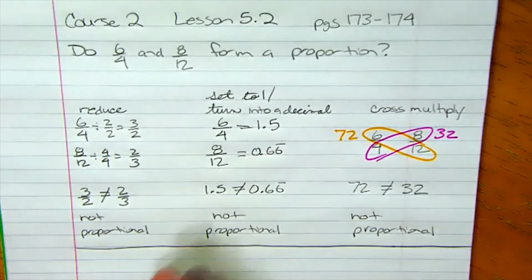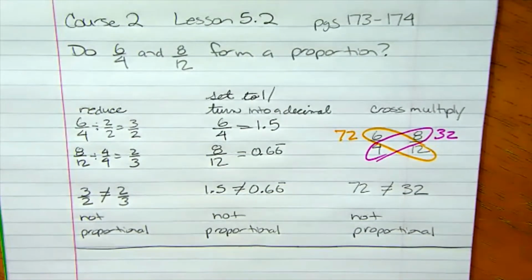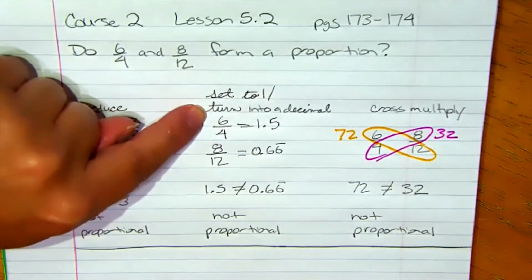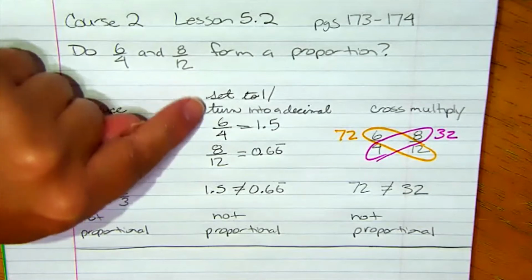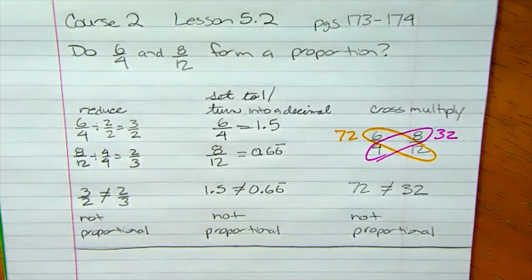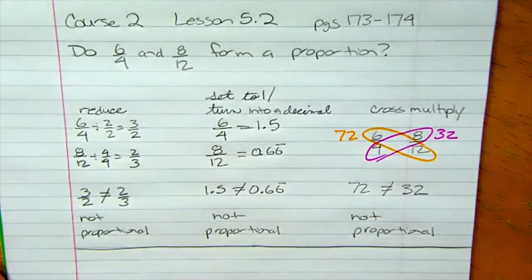So when they're asking if two fractions are proportional, do they form a proportion, we have three ways that we can use to figure that out. We can reduce the fractions. We can set the fraction to 1 or turn it into a decimal. It's the same thing. Or we can cross multiply.